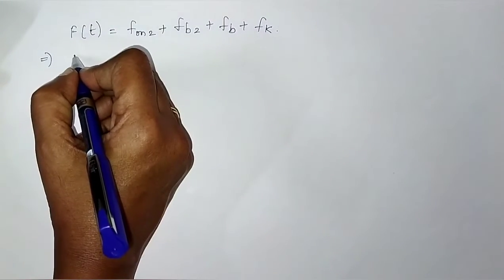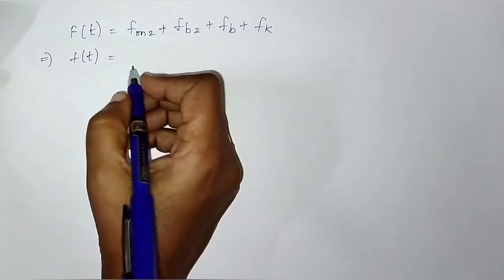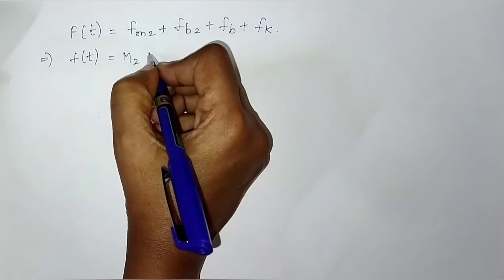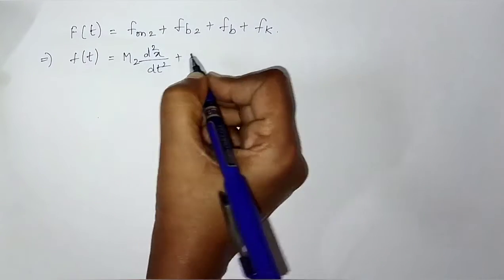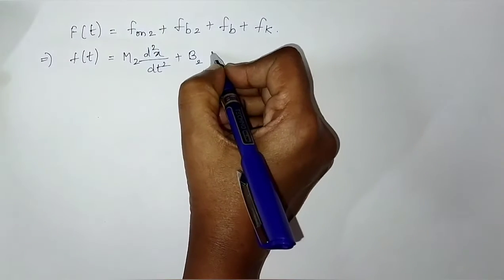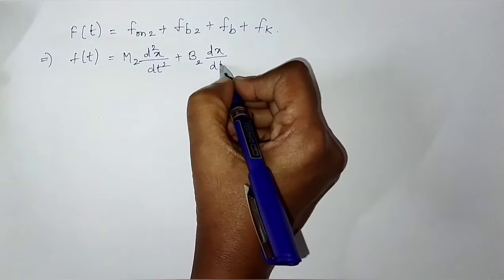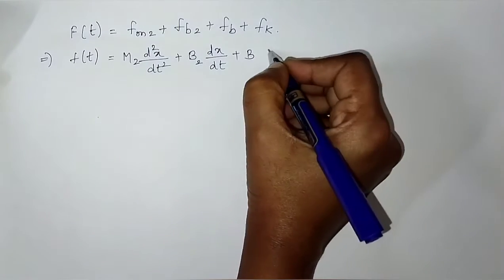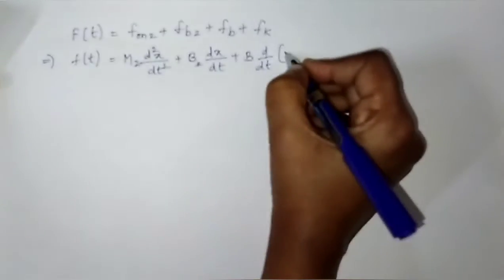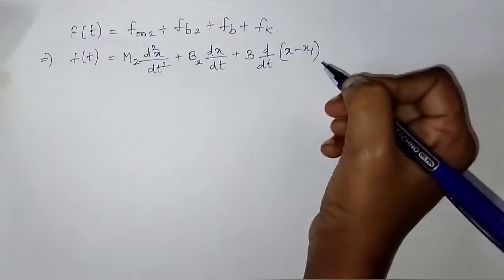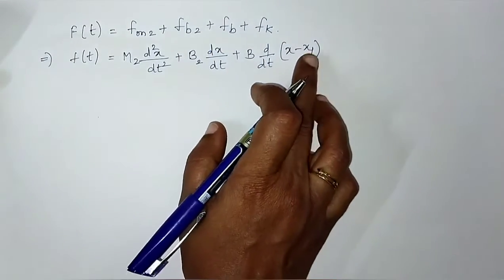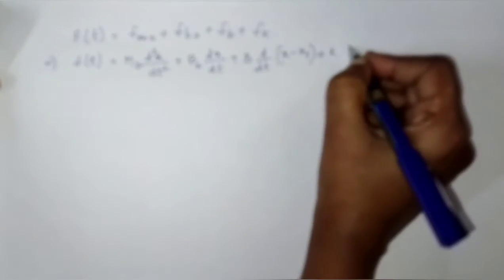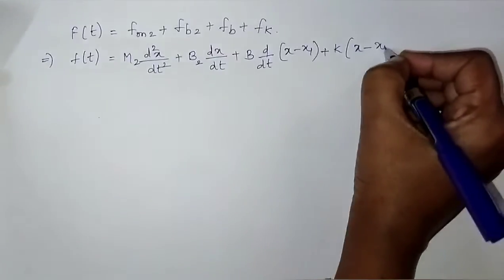Now here F of t equal to m2 into acceleration d square x by dt square plus b2 into dx by dt plus b into, this is the common element, so x minus x1 here. Earlier it was x1 minus x with respect to node 1. Now with respect to node 2 itself, it is x minus x1 plus k into x minus x1.